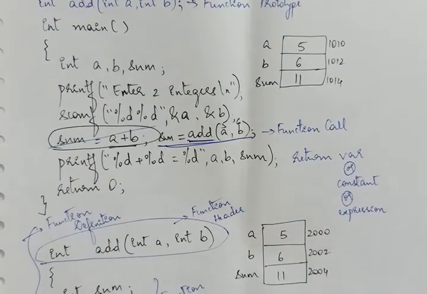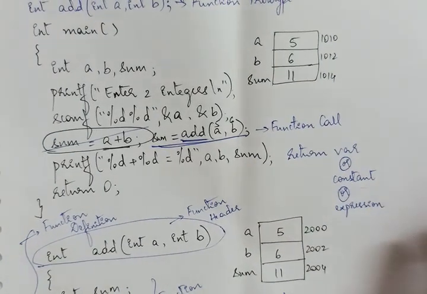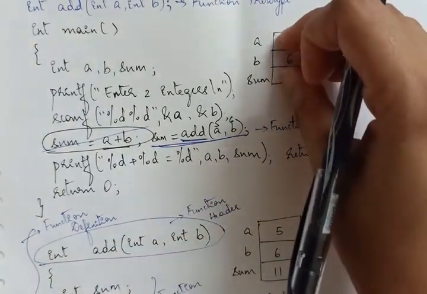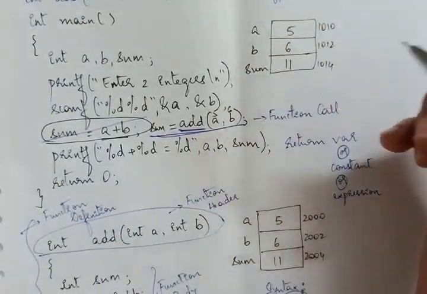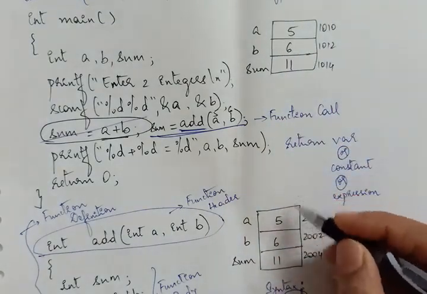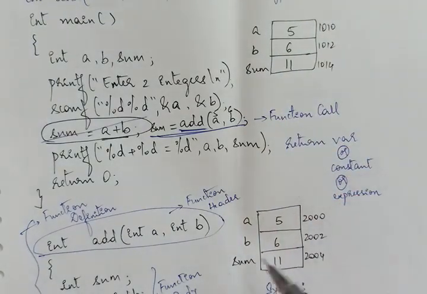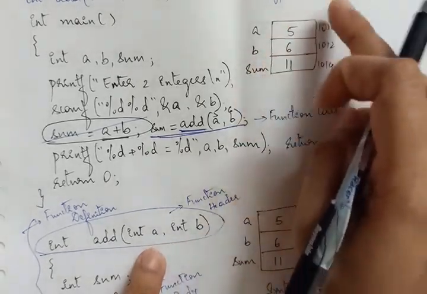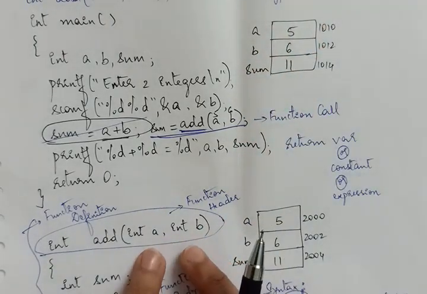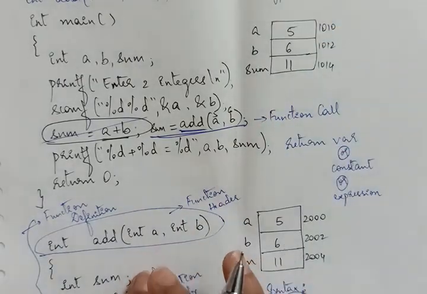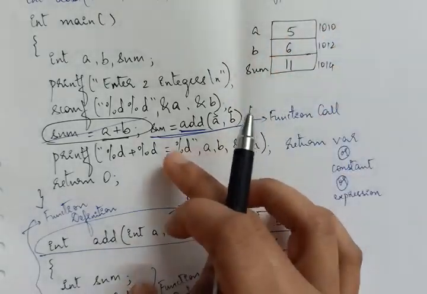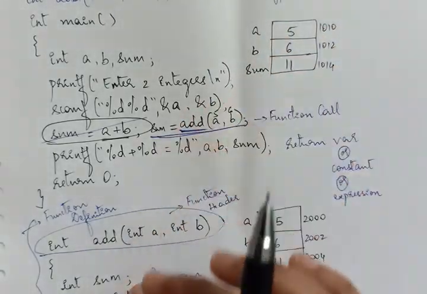So instead, why don't I use an efficient way such that this function gets access to this location only? Instead of copying this 5 and 6 in another location like this, why don't I get access to these locations through the formal parameters? That is, I'm trying to say that formal parameters should access the actual locations of the actual parameters.